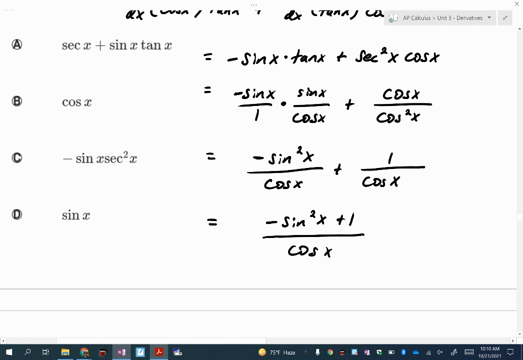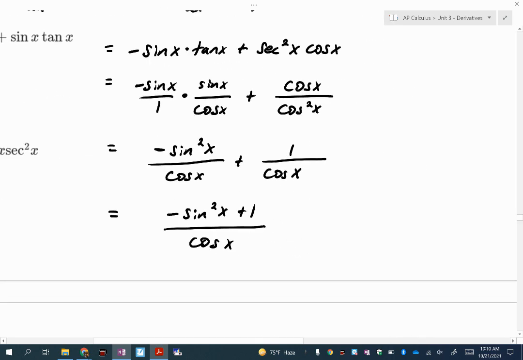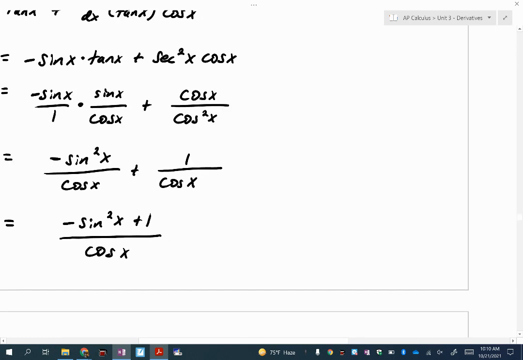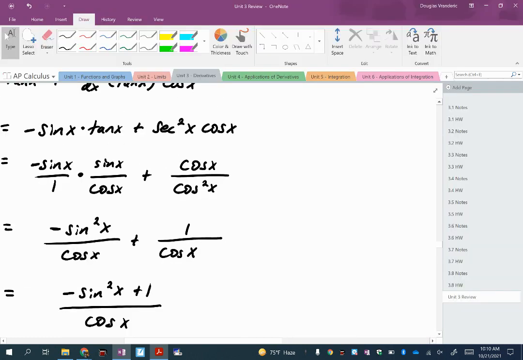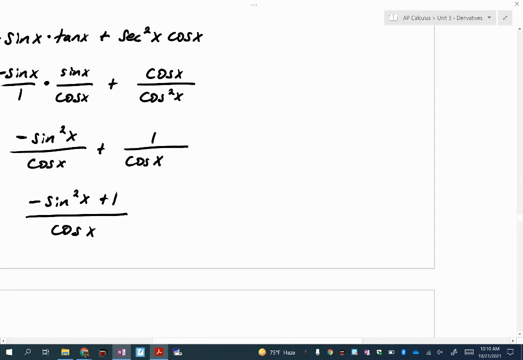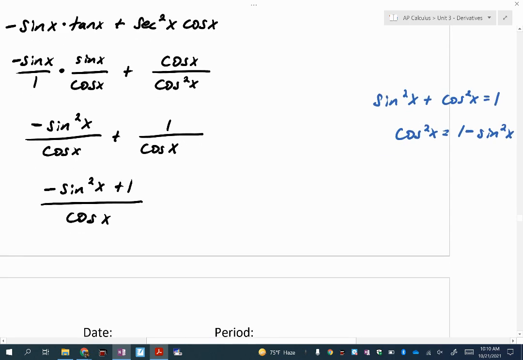Still, this isn't the answer. We're getting closer. But I'm going to use one of my Pythagorean trig identities. Let me show you over here. Remember this one? Sine squared x plus cosine squared x equals 1. And if I move sine over to the other side, I get 1 minus sine squared x equals cosine squared x.